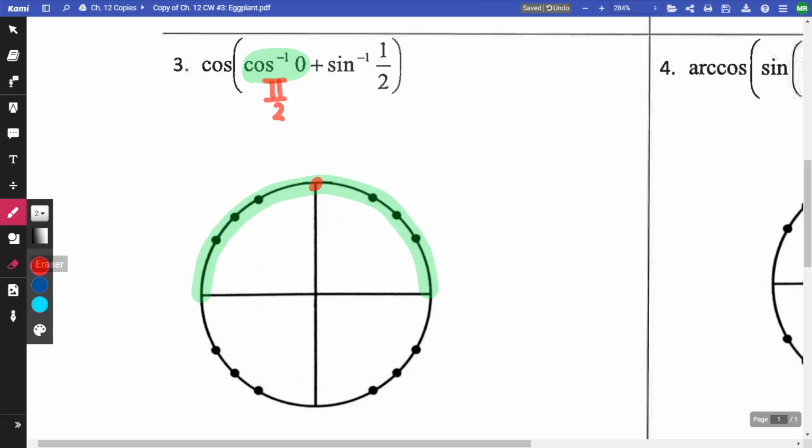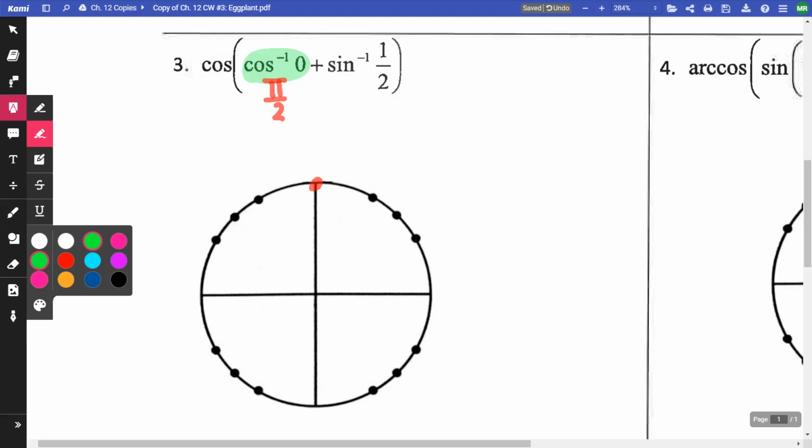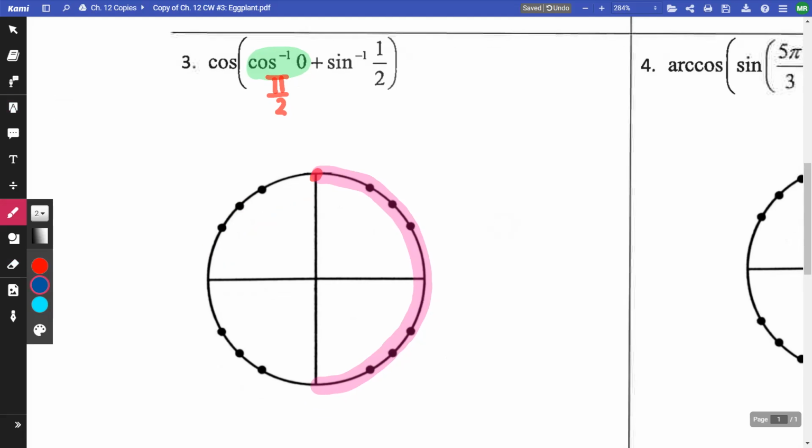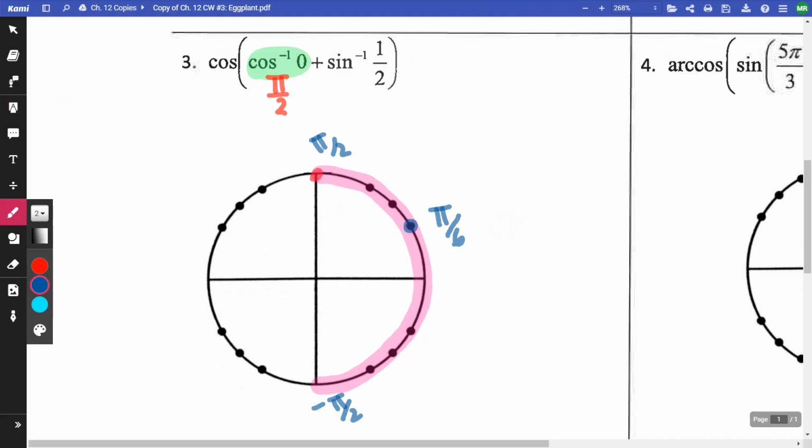Now, when I am trying to find my sine inverse, it is going from here to here, and like my tangent, from negative pi halves to positive pi halves. And so I'm trying to figure out what angle will give me a sine equal to 1/2. And that is going to be here, at pi sixths. So this is going to be plus pi sixths.